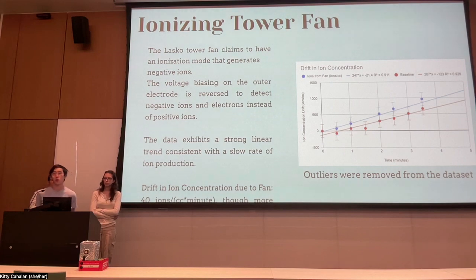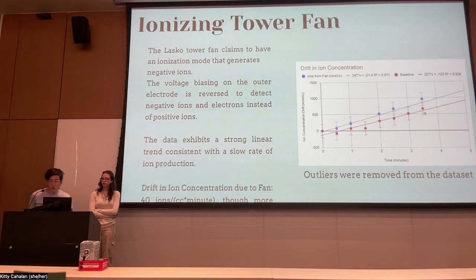This data exhibits a very strong linear trend that is consistent with a very slow rate of ion production. That's the blue line. If you look at the red line, again this is over a time of minutes, so this rate of production is very slow. But the red line is without the fan, and you can see that the baseline is actually drifting.